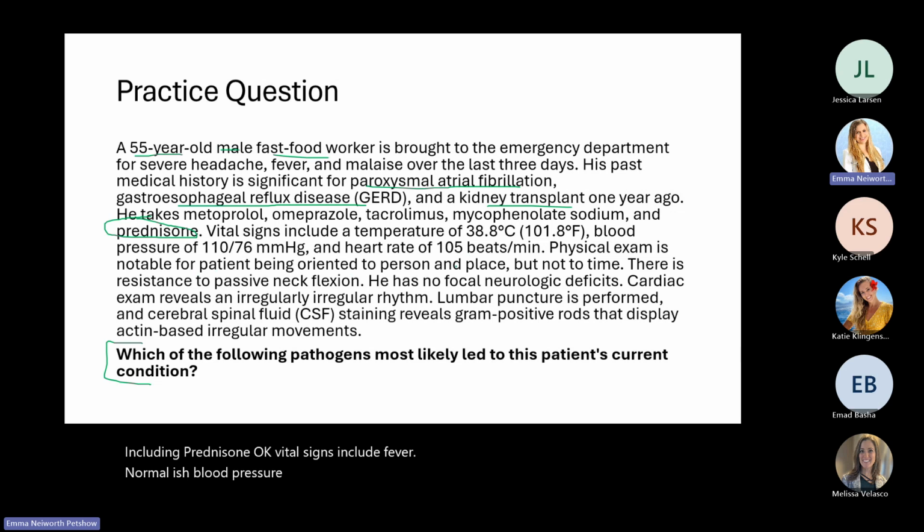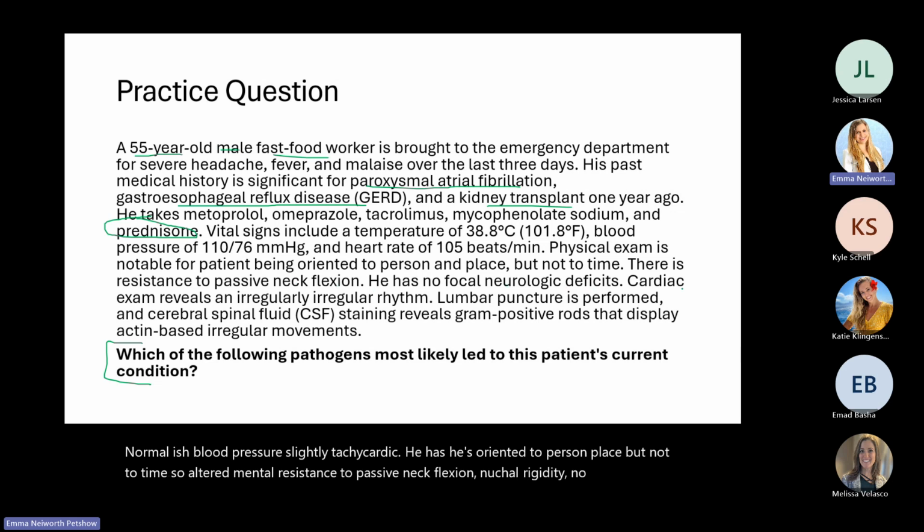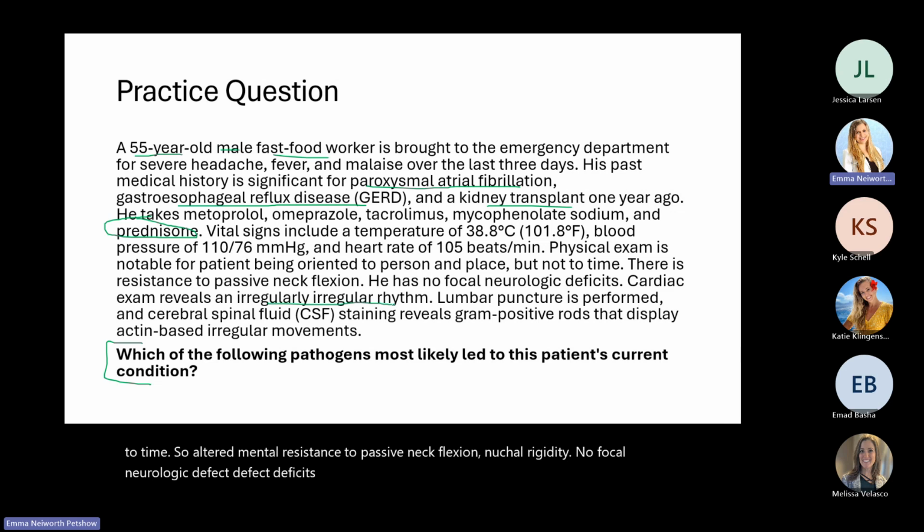He's oriented to person and place, but not to time, so altered mental status. He has resistance to passive neck flexion, nuchal rigidity, and no other focal neurologic deficits. On cardiac exam, we have an irregular rhythm. He does have a history of AFib. On lumbar puncture, we have cerebrospinal fluid with gram-positive rods and actin-based irregular movement. What's your approach first when you look at this question?